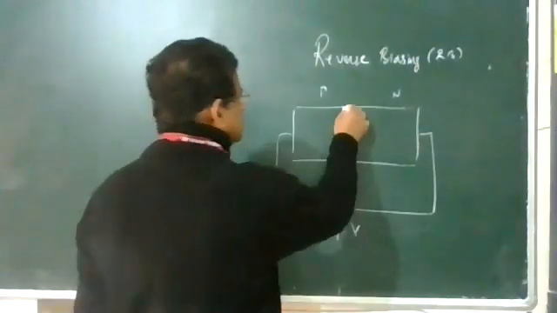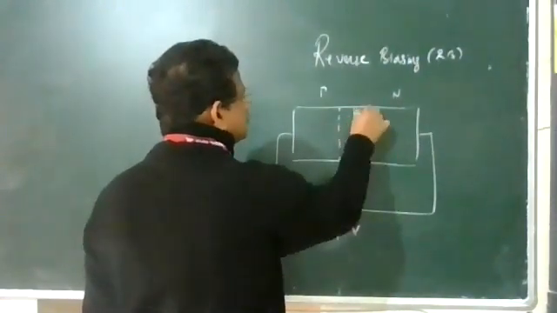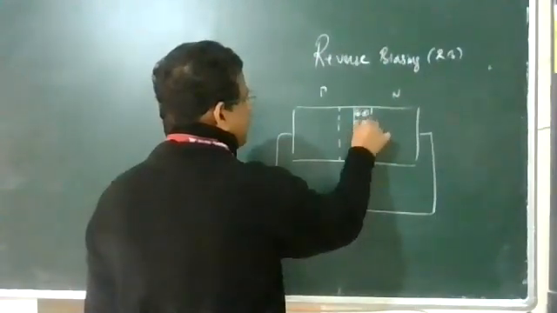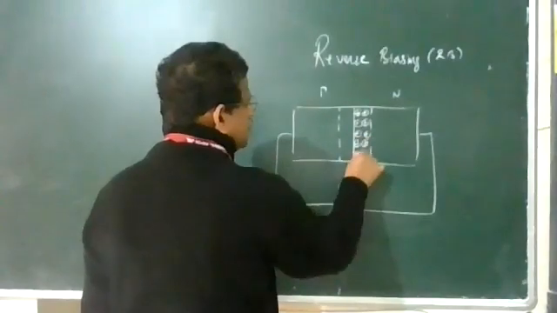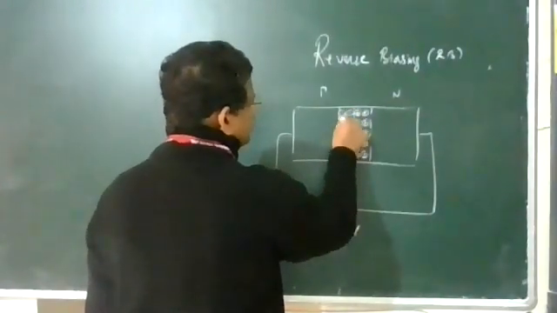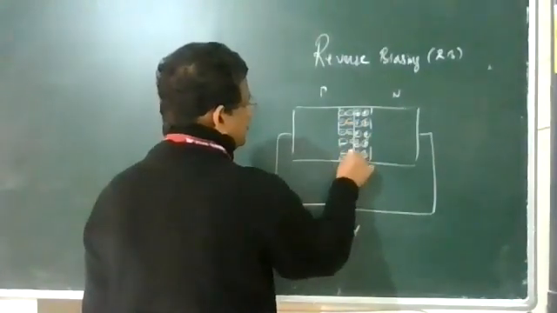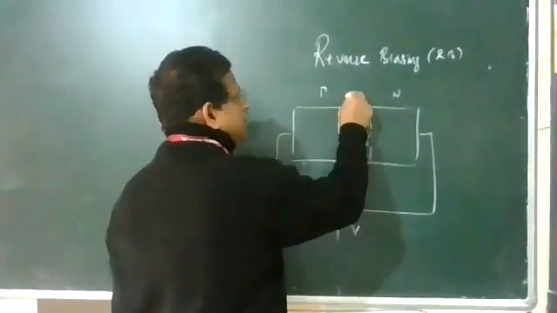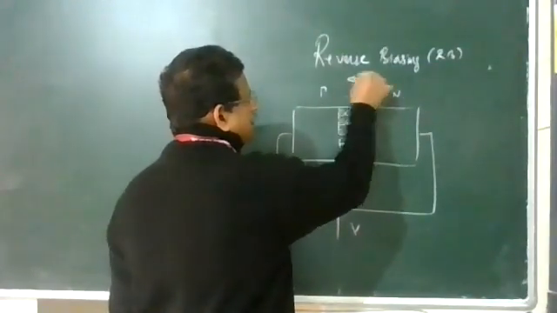So at the junction, we have immobile ions. I'm making two lines of positive and negative ions, two lines, because the depletion layer becomes very thick. So there will be a battery here, this is a battery of voltage VB, and the barrier.